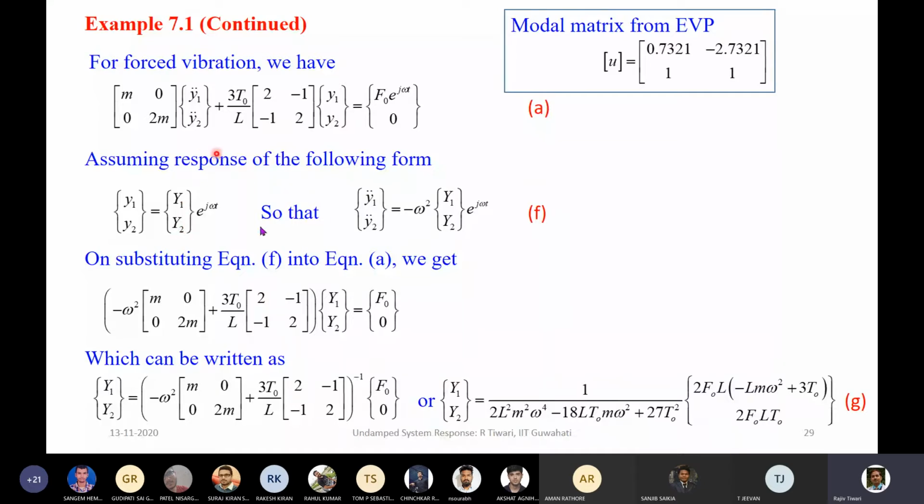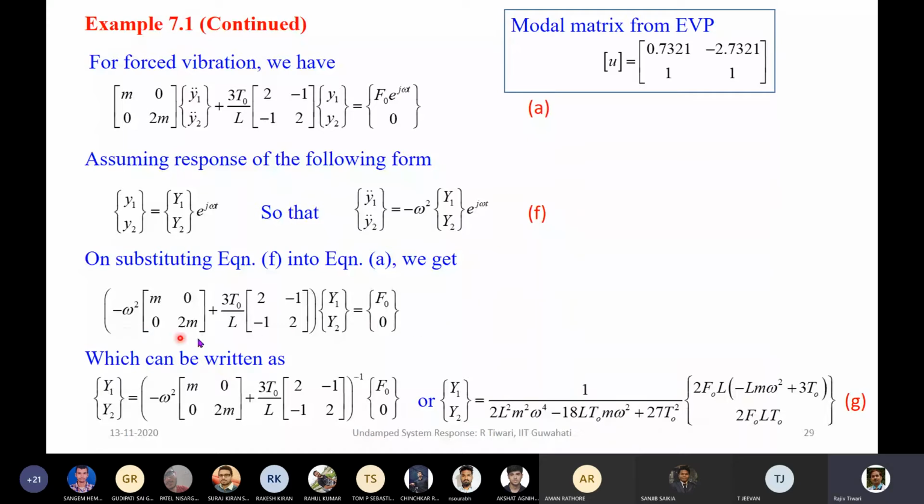If you substitute this here, this is the mass matrix with omega square and minus sign coming here, then the stiffness matrix as it is. We have taken the common time dependent term e^(j omega t), which is common throughout the expression, and the right side also has it, so that will get cancelled.